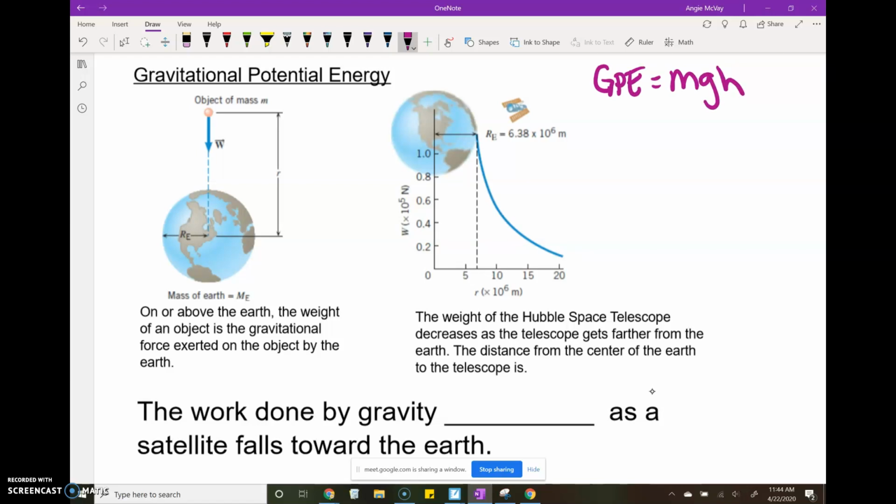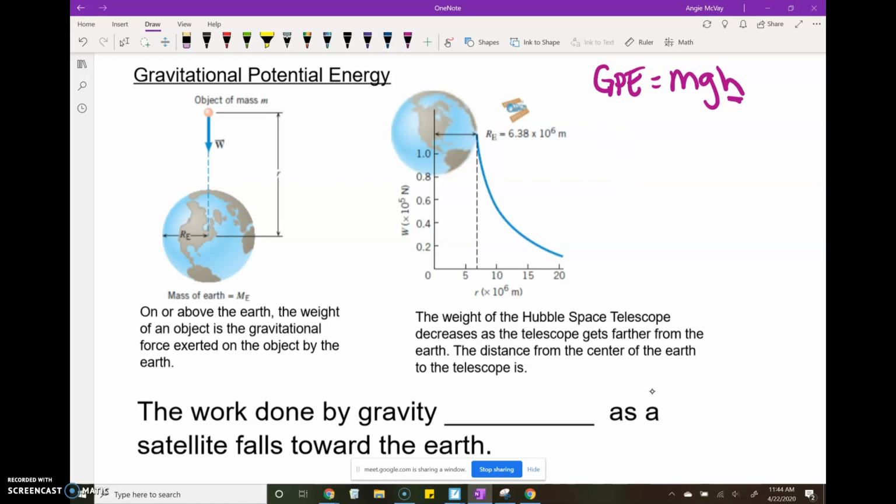So here on the surface of the Earth, the further you get away from the surface of the Earth, as measured by height, the more gravitational potential you have.